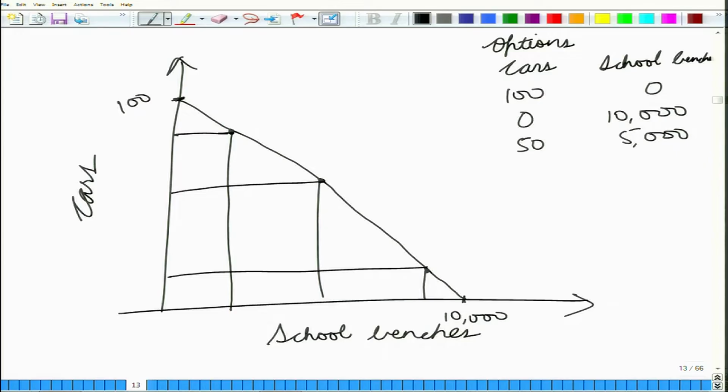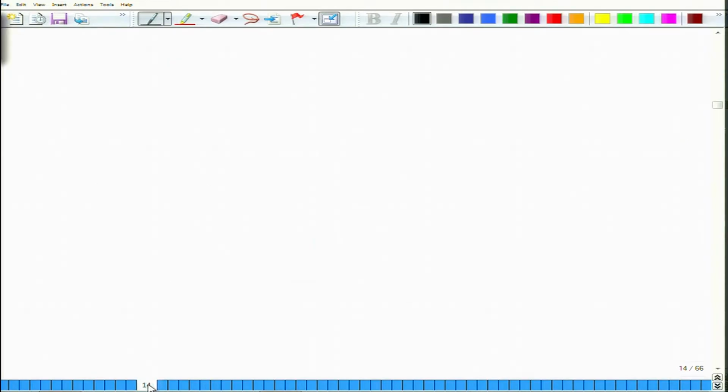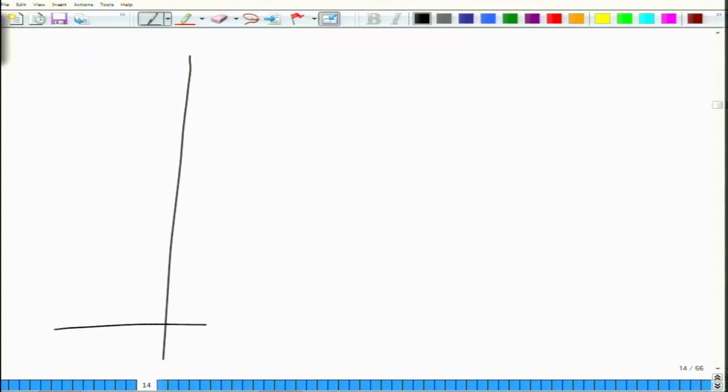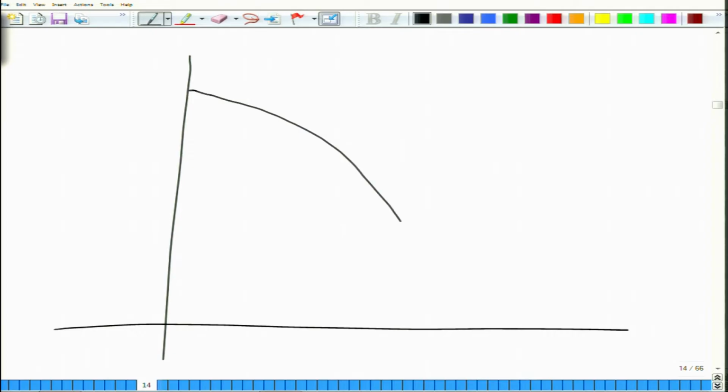Now this thing is referred to as a production possibility curve, and in general the shape of the curve is something like this, because typically, suppose you are making, this is your cars, this is your school benches.